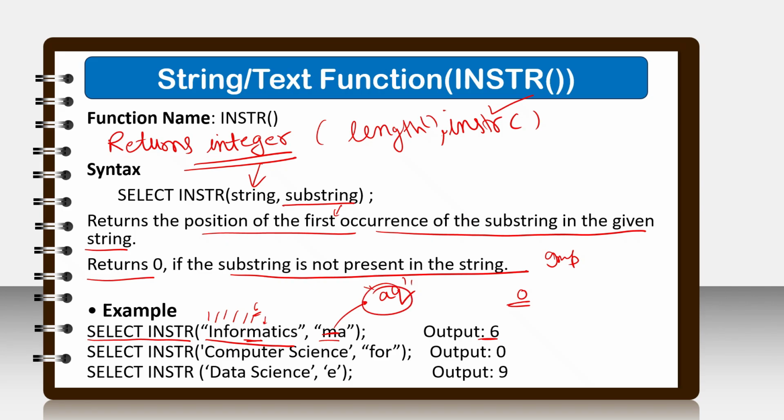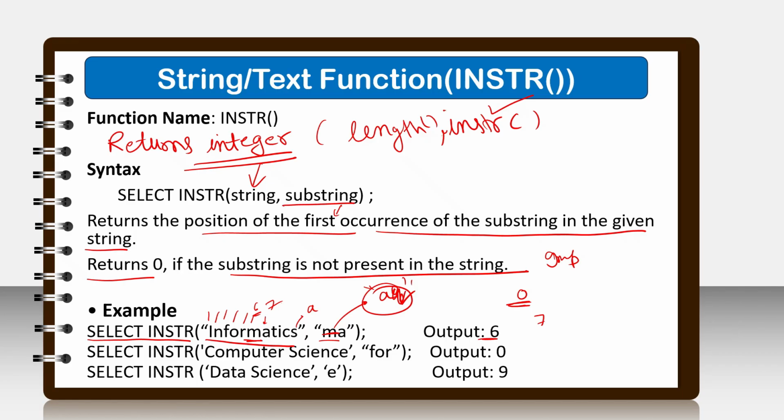AQ का. अगर आप Q हटा देते हो, A डालते हो, then you will get an output as 7 क्योंकि A किस पोजीशन पे आ रहा है? 7 पे. So this is the way the INSTR function works. If the string is not found, it will give 0, and if found, it will give the first occurrence. Suppose informatics के बाद यहाँ पे भी A है, तो first A कहाँ आया है? It will give that position. So answer will be 6.